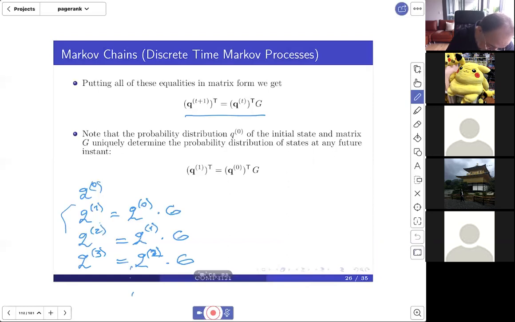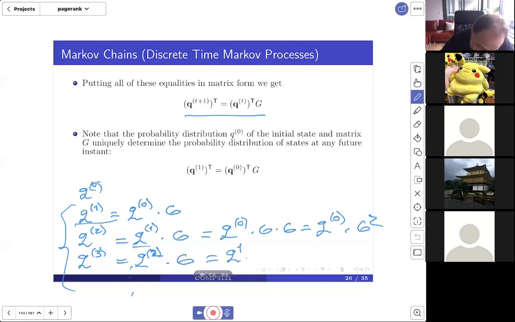But I can chain these equalities, and I get that Q2 is equal to Q1 times G, which is Q0 times G times G, which is of course the initial distribution Q0 times G squared. And in the very same manner, Q3 is Q2 times G, which is Q0 times G cubed, and so forth.